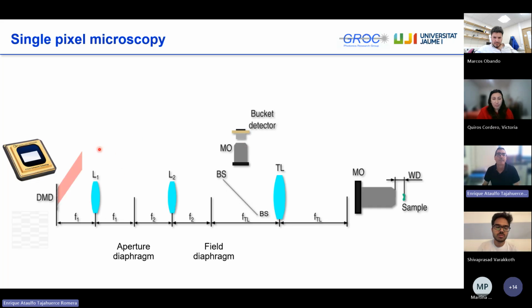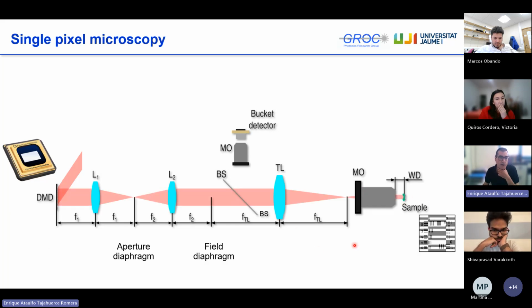We illuminate our digital micromirror device with a parallel light beam, which codifies Hadamard patterns, and those patterns are projected onto the field diaphragm of our microscope, and then with the tube lens and the microscope objective, they are projected onto the sample, as I show you in this simulation.